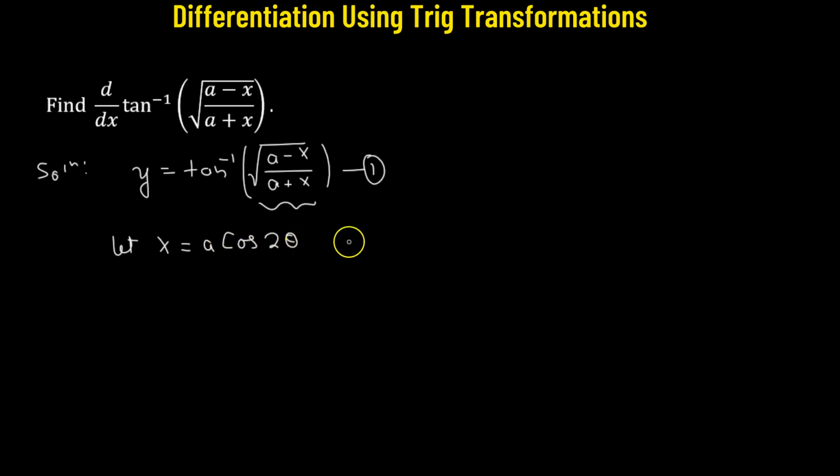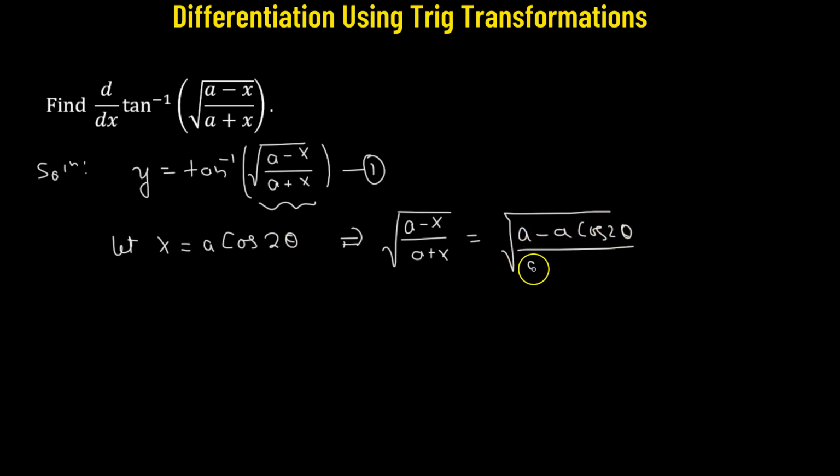Now, when you take x equal to a cosine of 2 theta, this implies that square root of (a minus x) divided by (a plus x) becomes equal to square root of (a minus, in place of x, a times cosine of 2 theta) divided by (a plus a times cosine of 2 theta).